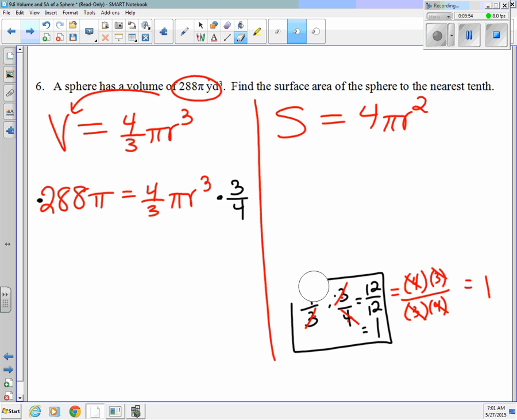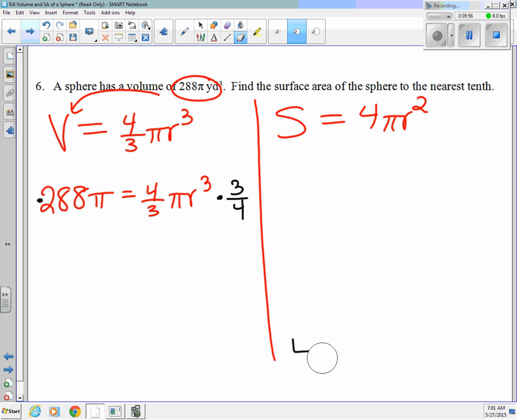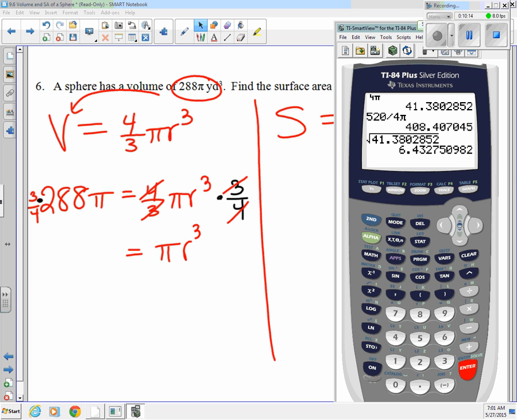So if I multiply by the reciprocal of 4/3 on both sides of the equation, I will rid myself of that fraction, and that's a very nice thing to do. I just have to remember to do it on the other side of the equation. So now on the right-hand side, I'll have pi r cubed. And on the left-hand side, I'll have 3/4 times 288, which I can do in the calculator. I can go alpha y equals enter.